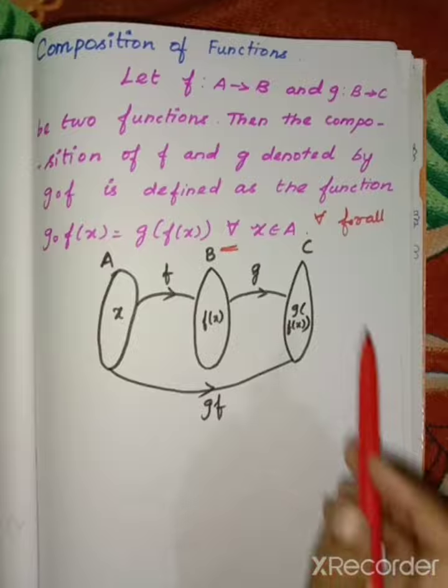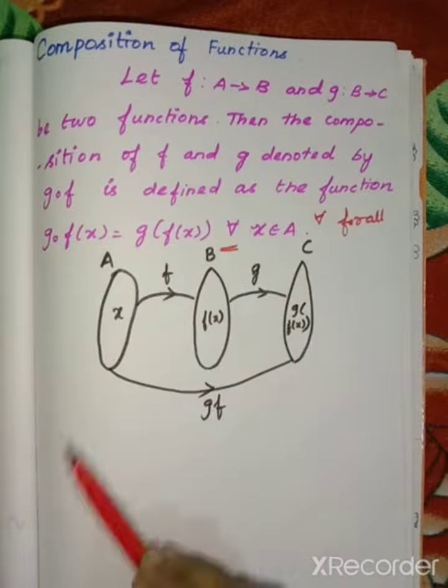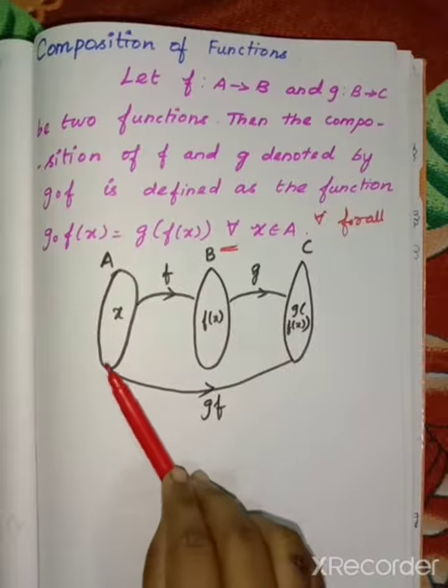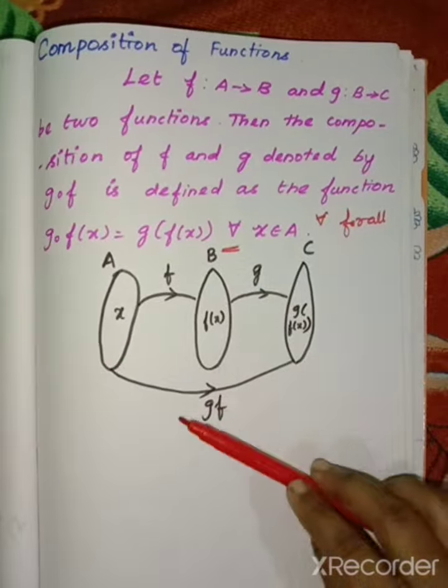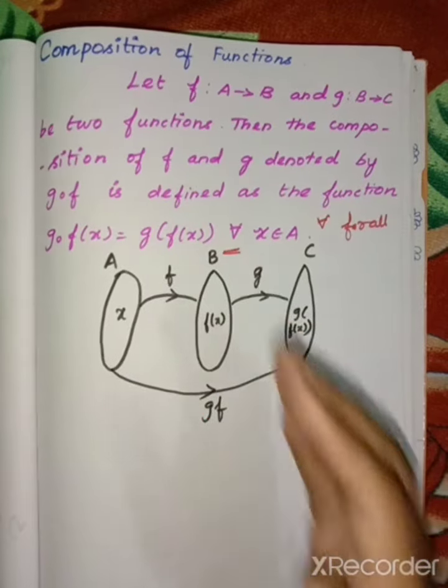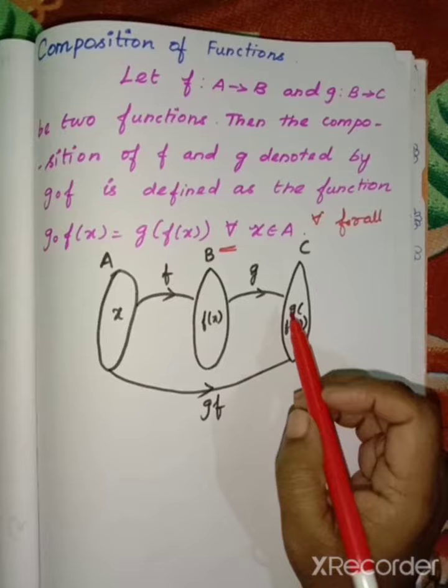So here see one diagram. This is the example for the composition of function. Here we have a set considered as x, b set considered as f of x. From this alone we have seen in the previous classes. Next one is the condition for the g function.